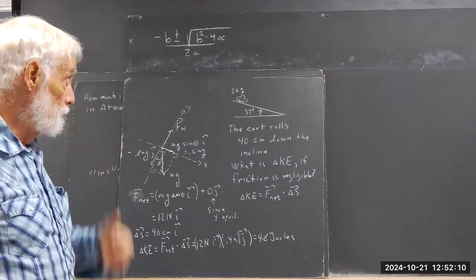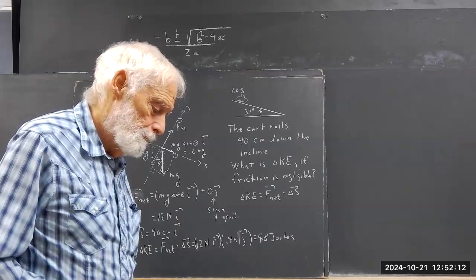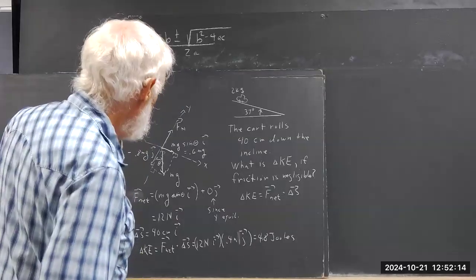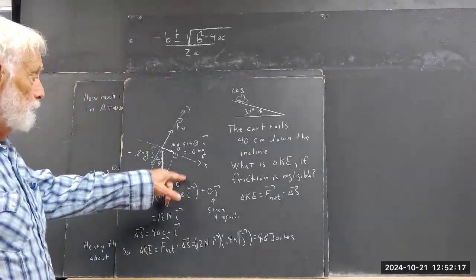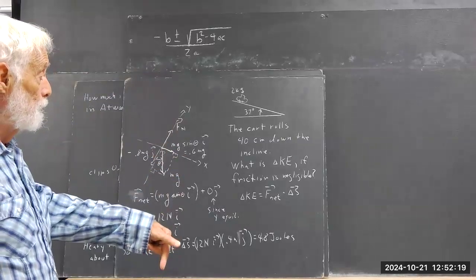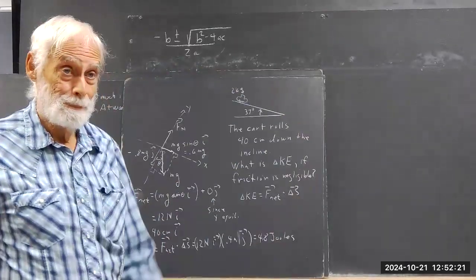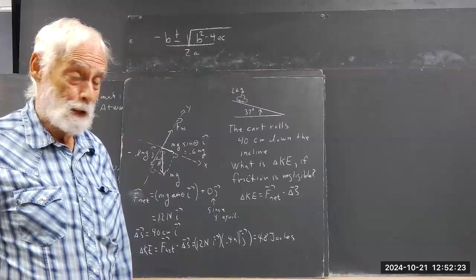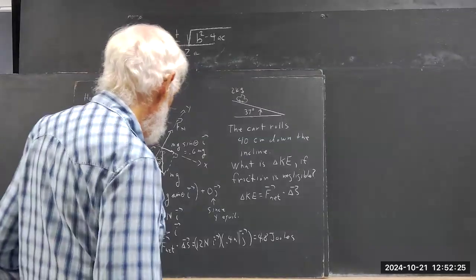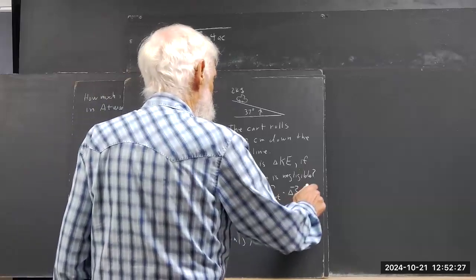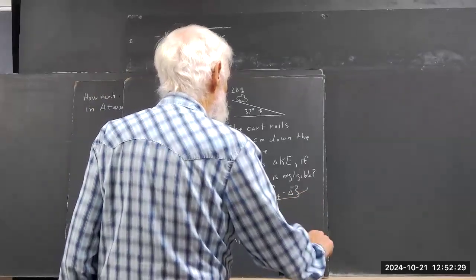There's even another picture where you could just take the mg vector downward and do its dot product with your delta S. So I'm just going to toss that into a little picture here.